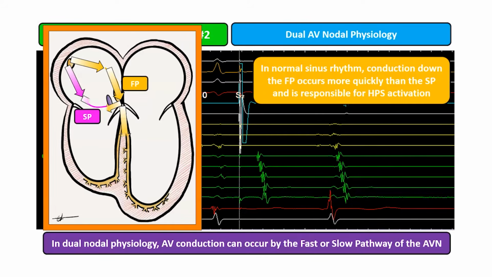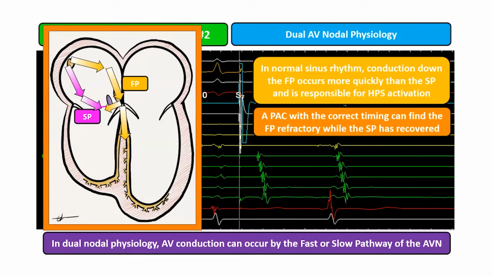Let's take a look here. We can see that a typical sinus beat propagates through the fast pathway more quickly and prevents the slow pathway from coming down the HIS Purkinje system under typical circumstances. A PAC with the correct timing, though, can find the fast pathway refractory while the slow pathway has recovered.